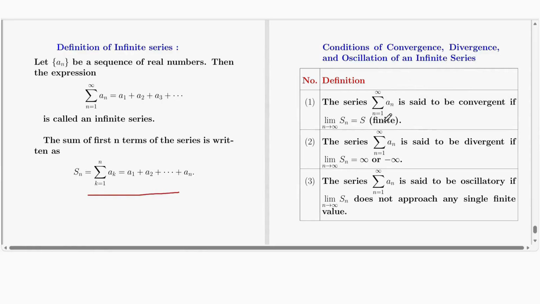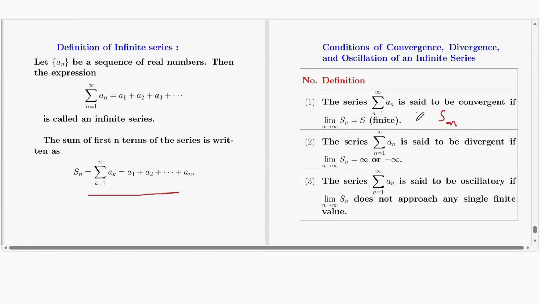Now on the basis of Sn, the conditions of convergence, divergence and oscillation of an infinite series. What is the first case? The series an is said to be convergent if limit n tends to infinity Sn is equal to s, and s is what? Some finite number. So here actually what is the concept? Here what is Sn? Sn is the sum of first n terms.